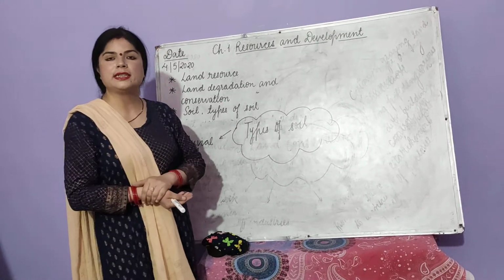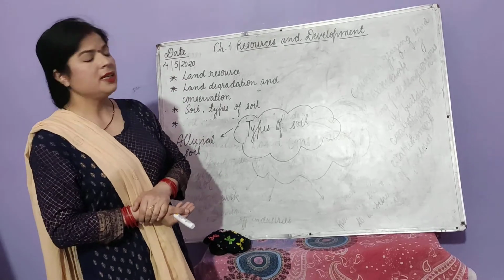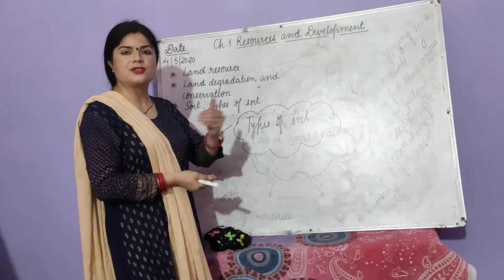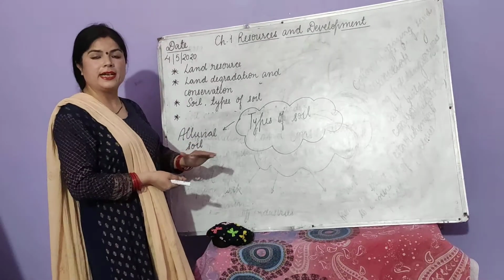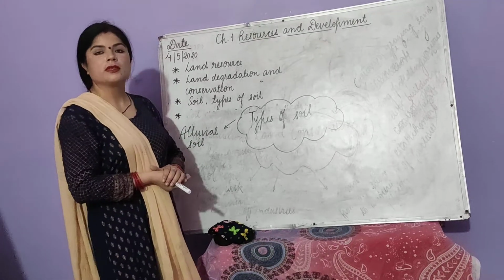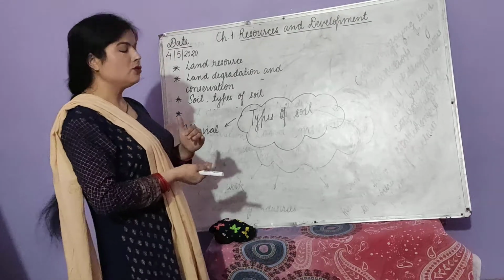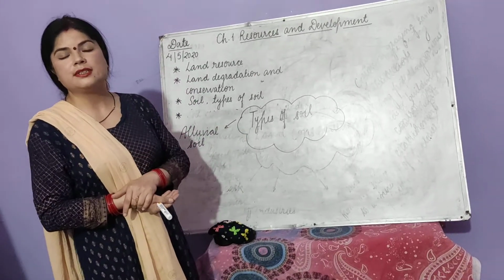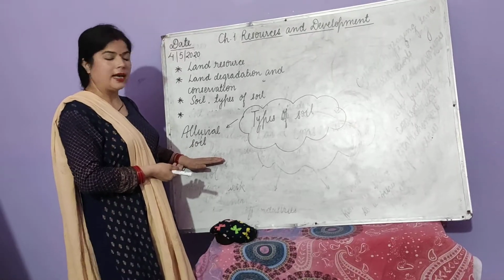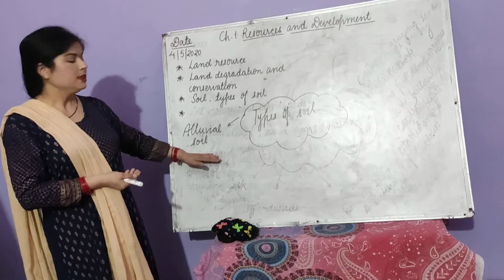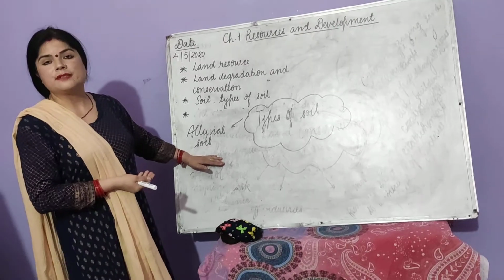Especially the soil of these areas becomes fertile, which helps agricultural activities especially. So this type of soil we find in northern plains, and in the south where Mahanadi, Krishna, Kaveri, these rivers flow, in those areas we find alluvial soil, and the soil is very, very helpful for cultivation activity.